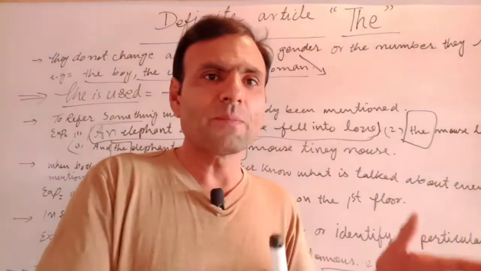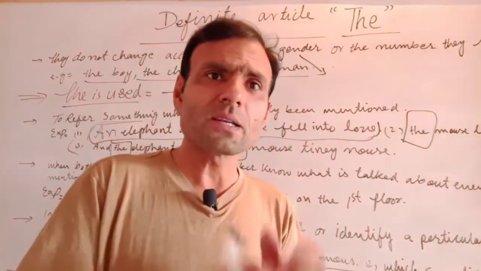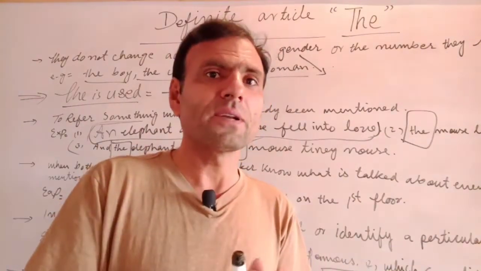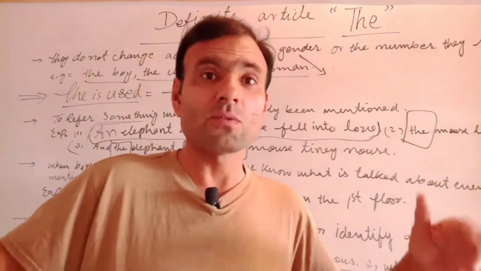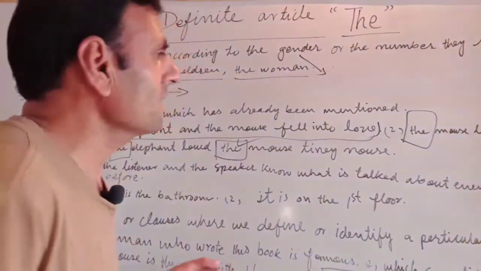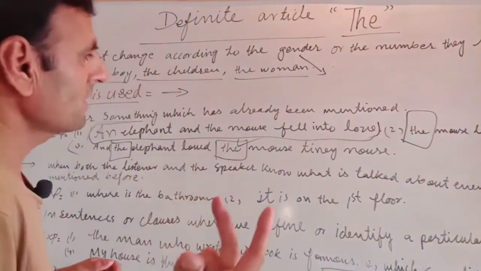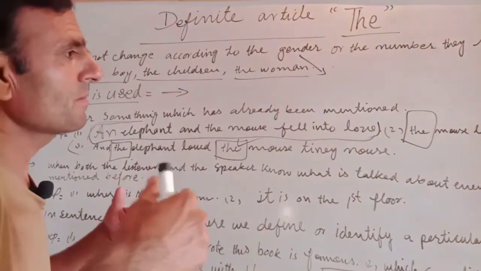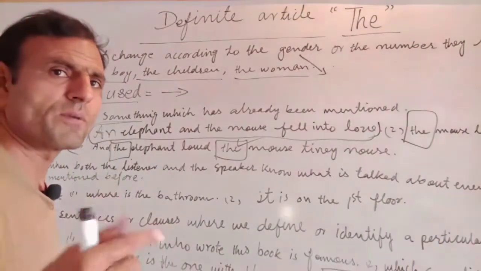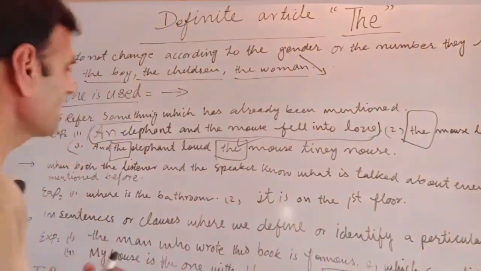Even if we divide the trunk of an elephant in parts, it could make thousands of noses of a mouse. Thousands of noses of a mouse are not equal to the trunk of an elephant.